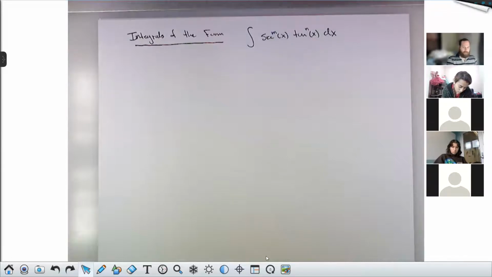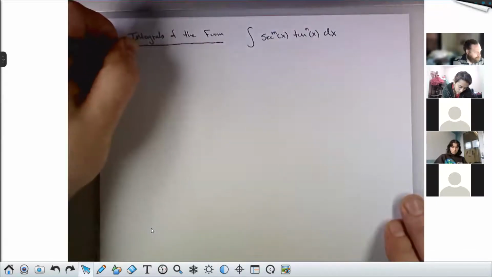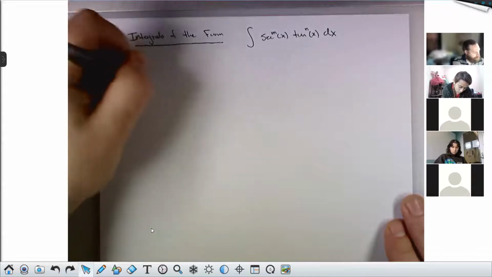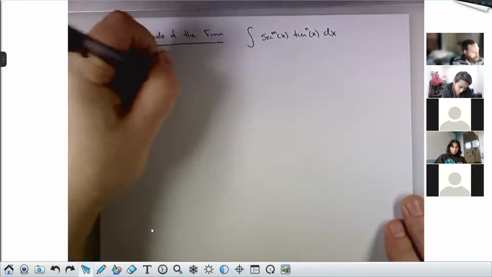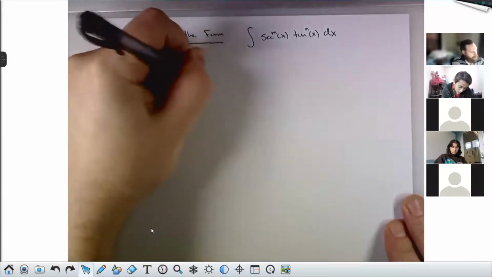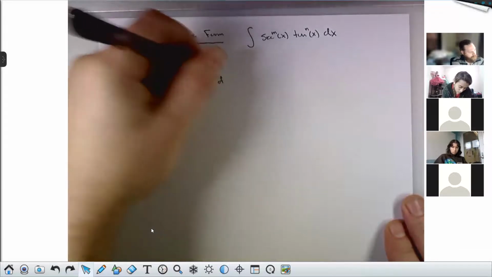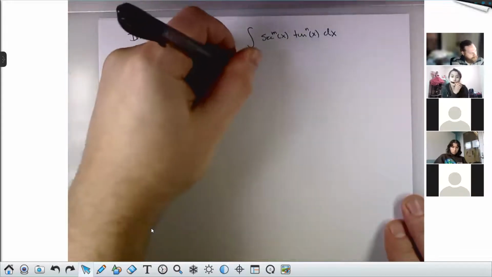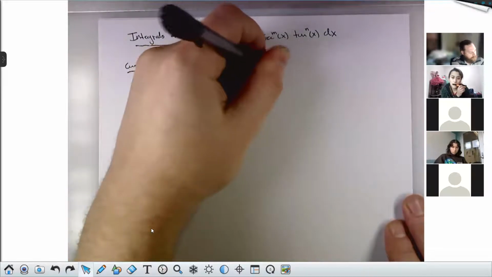So the cases we break down into here: one, if the power of secant is even.